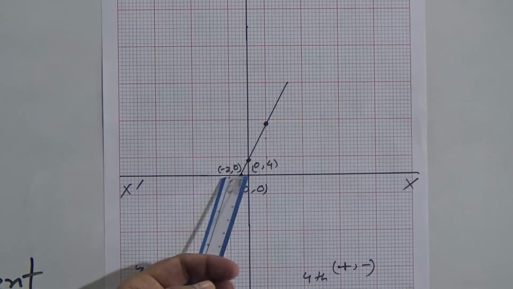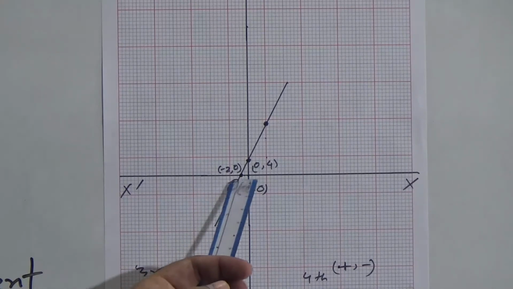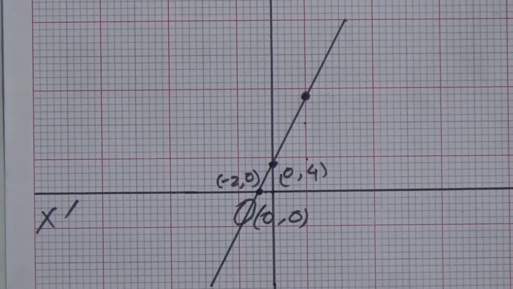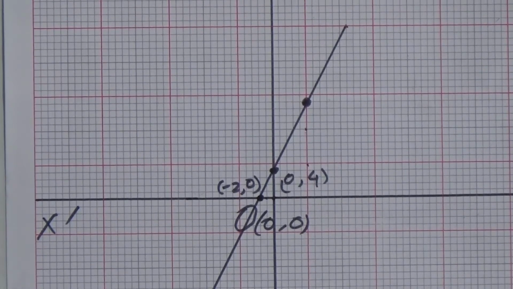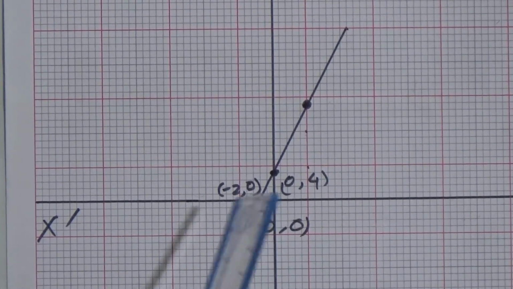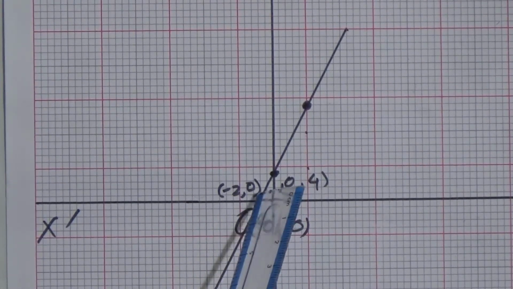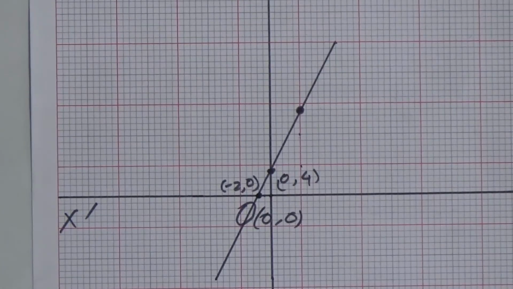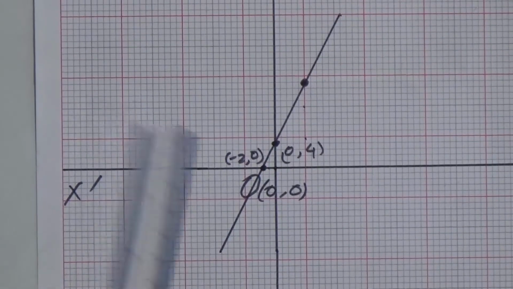In this point, the quantity of x is known as the abscissa and the quantity of y is known as the ordinate. Here the abscissa is minus 2. So our solution of the equation is also minus 2.